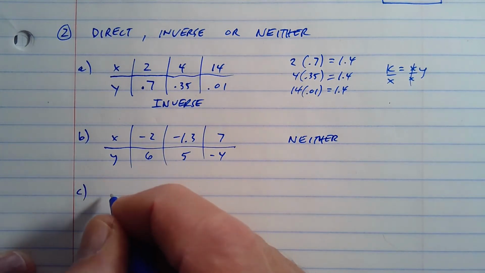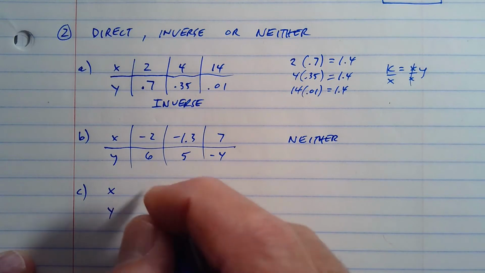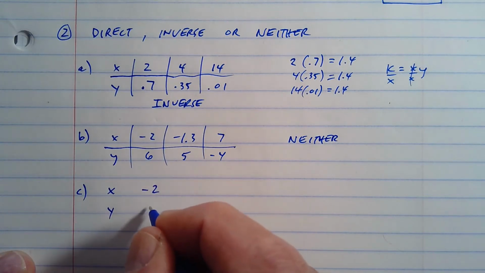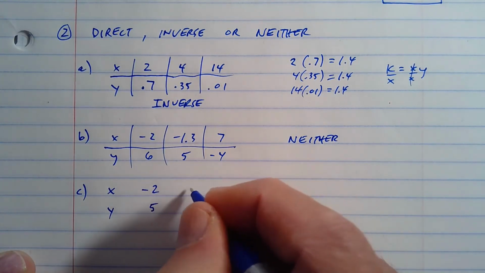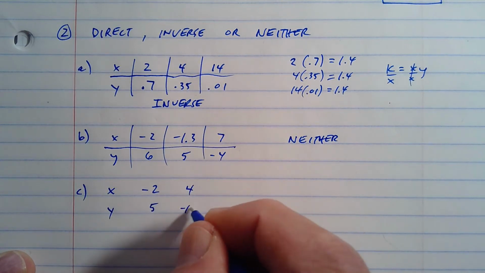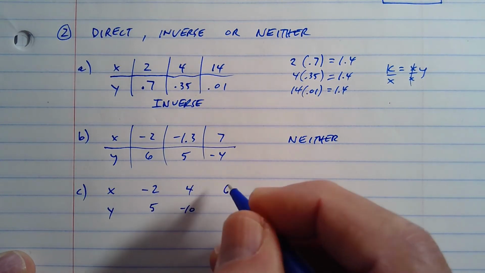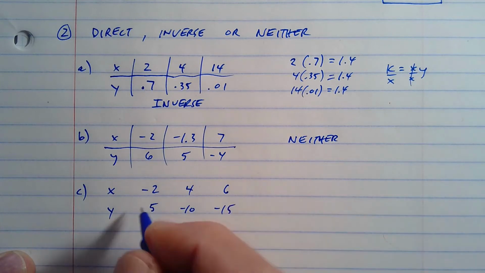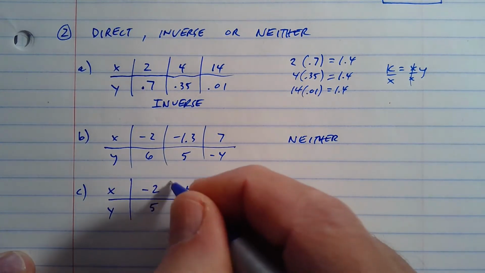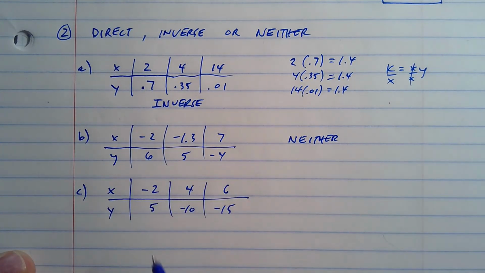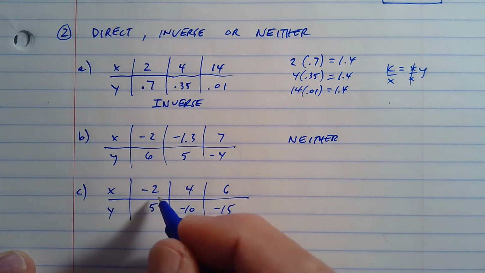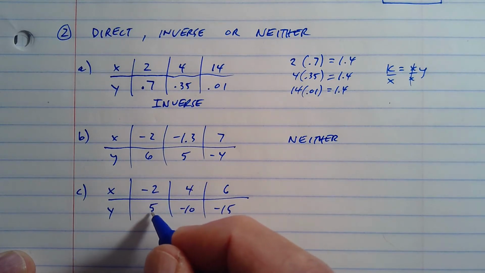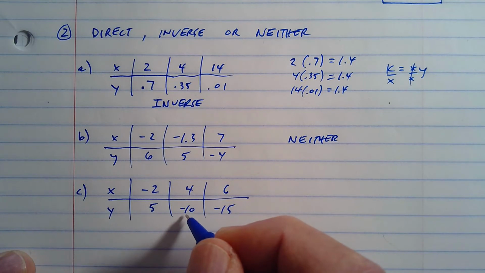All right. I suspect you might guess what this next one is going to be, but let's just look at the numbers first. 4 and negative 10 and 6 and negative 15. All right. So if I do the product, negative 2 times 5, negative 10, 4 times negative 10, negative 40, that doesn't work.